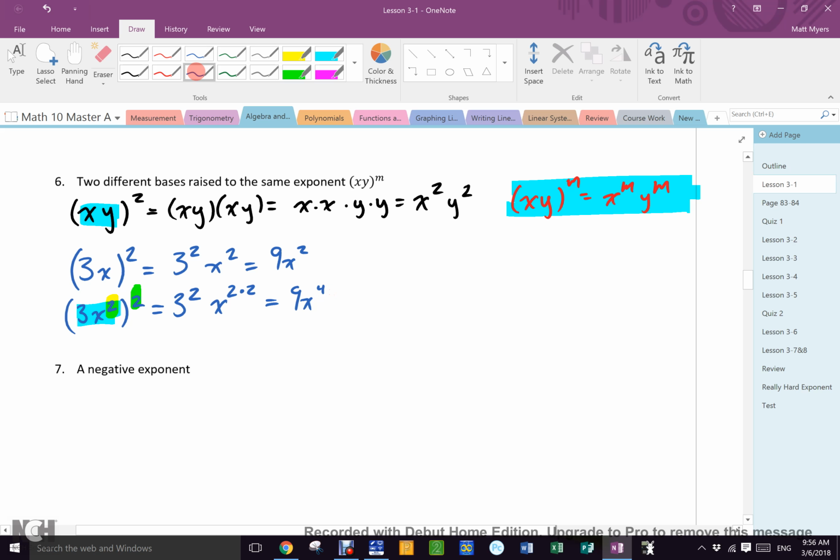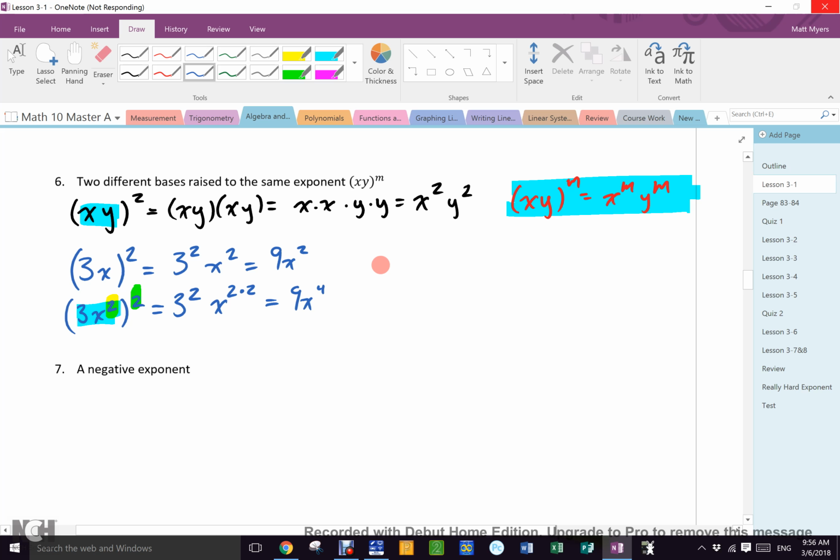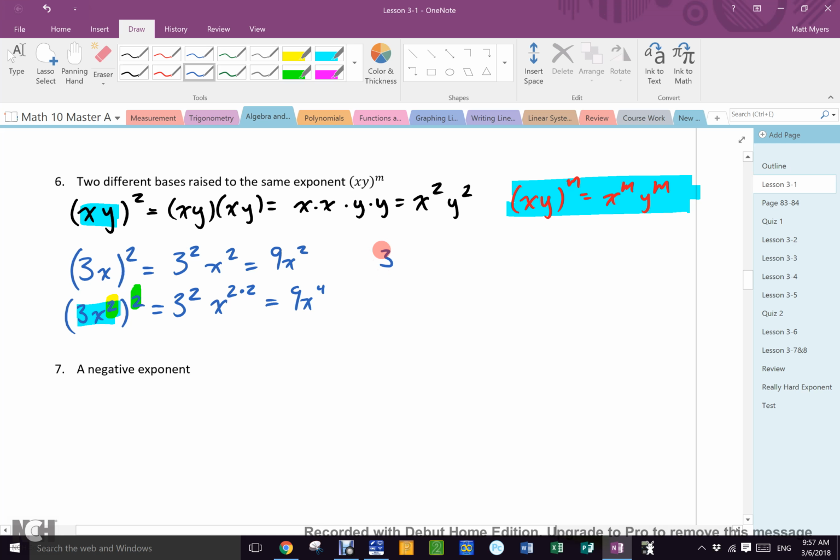Okay. What about this one? (3x squared y squared) squared. What's that one going to be? (3x squared y squared) all squared.